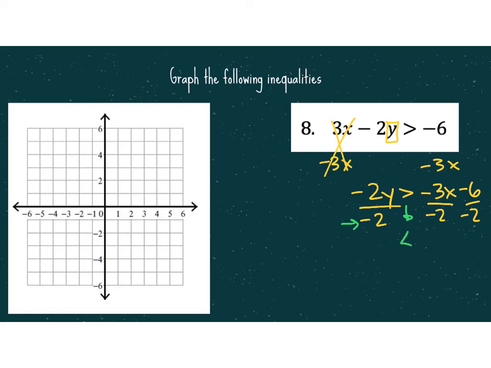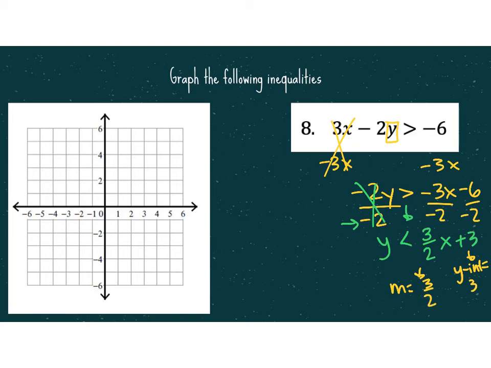So when I do that, negative 2 over negative 2 goes away. I have y by itself, which is what I want. Negative 3 divided by negative 2 is just positive 3/2. I'm not going to turn it into a decimal. I don't want it to be a decimal. I like it being a fraction. It's a lot easier to graph that way. Then negative 6 divided by negative 2 is positive 3. So now I know that my y-intercept is equal to 3 and my slope is 3/2.